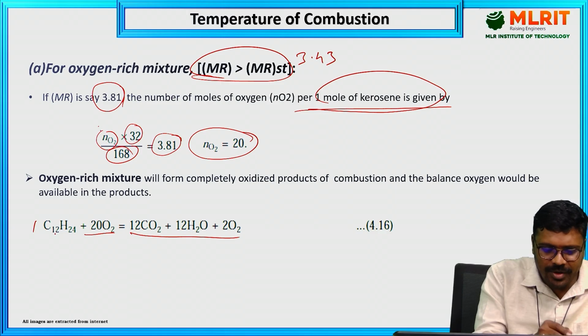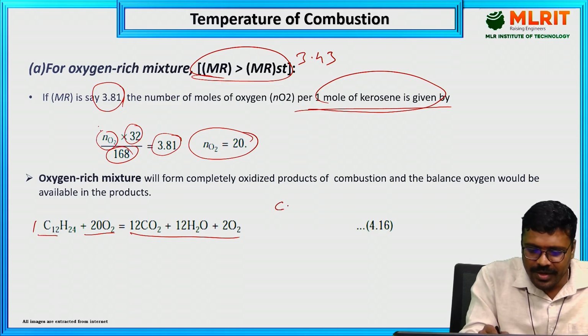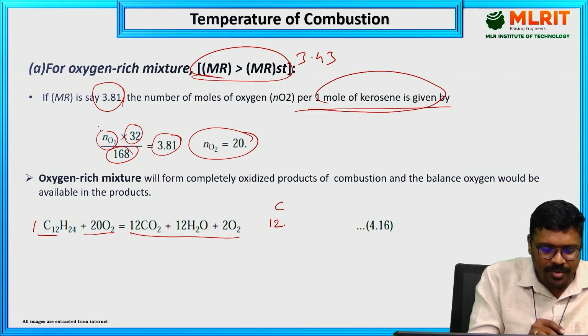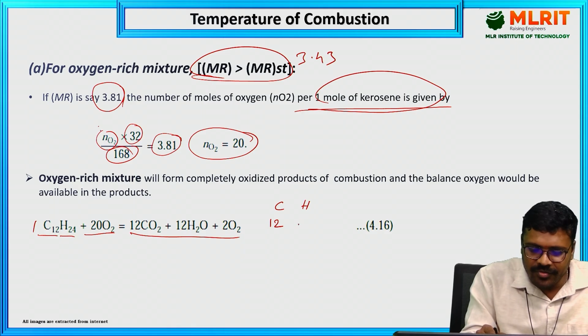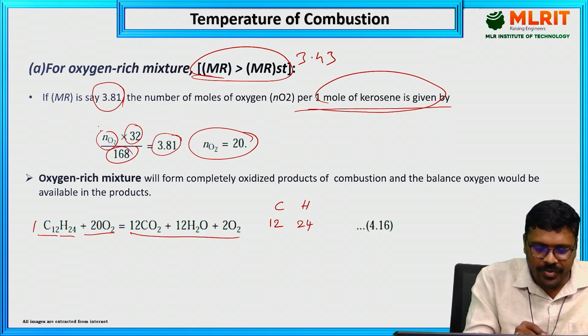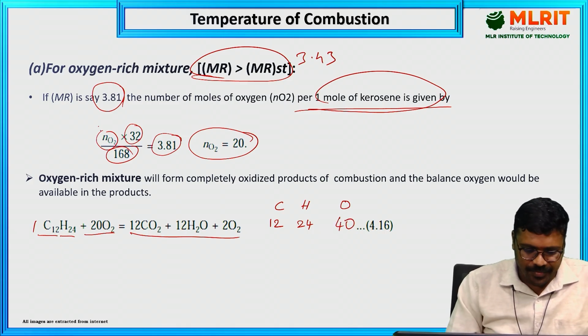How many carbon atoms are there? 12 carbon atoms. How many hydrogen atoms? 24 hydrogen atoms. And oxygen? 20 into 2, 40 oxygen atoms.